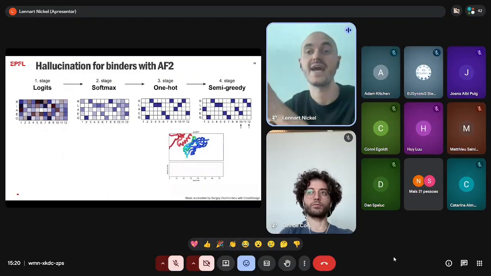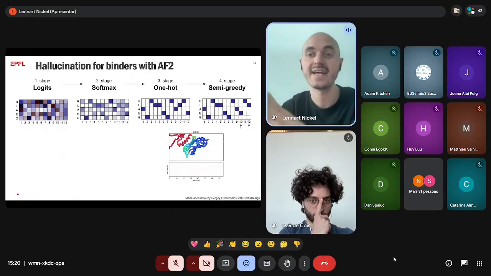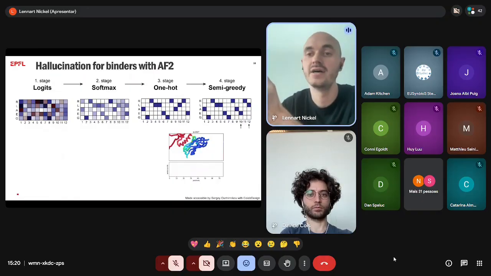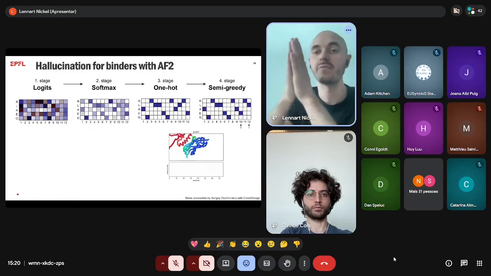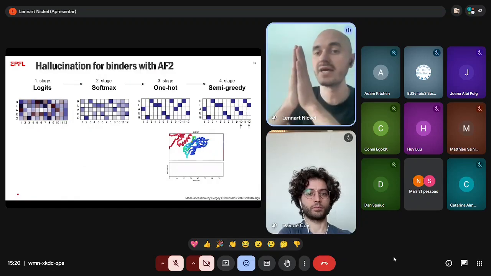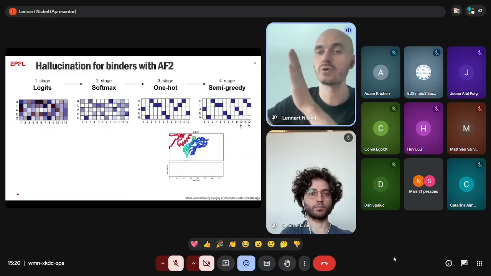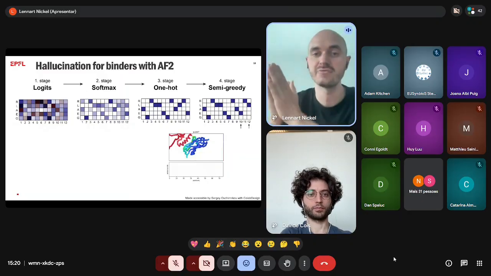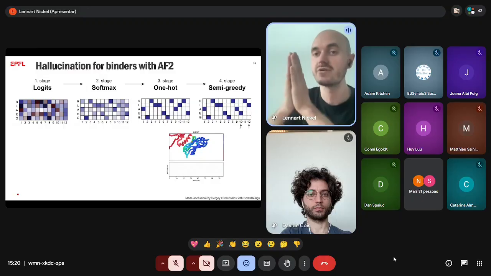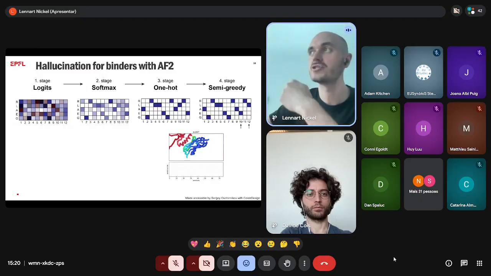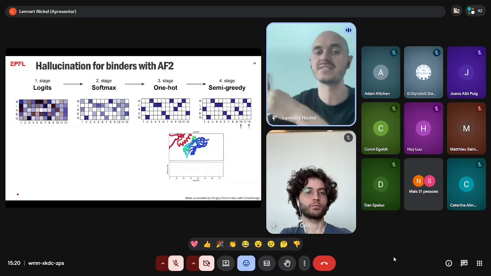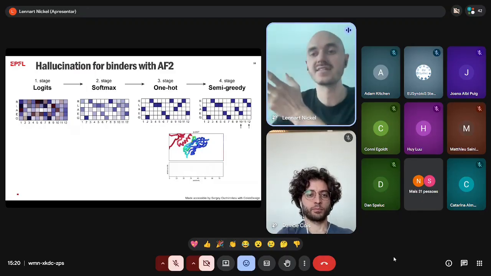Now with BindCraft, because we actually want a proper binder in the end, and it needs to have a sequence, we need to traverse from this relaxed sequence space into this one-hot encoding, what we call the physically realistic form. We do this gradually by applying a softmax function, where over time we take out the amino acids that make no sense at this position.